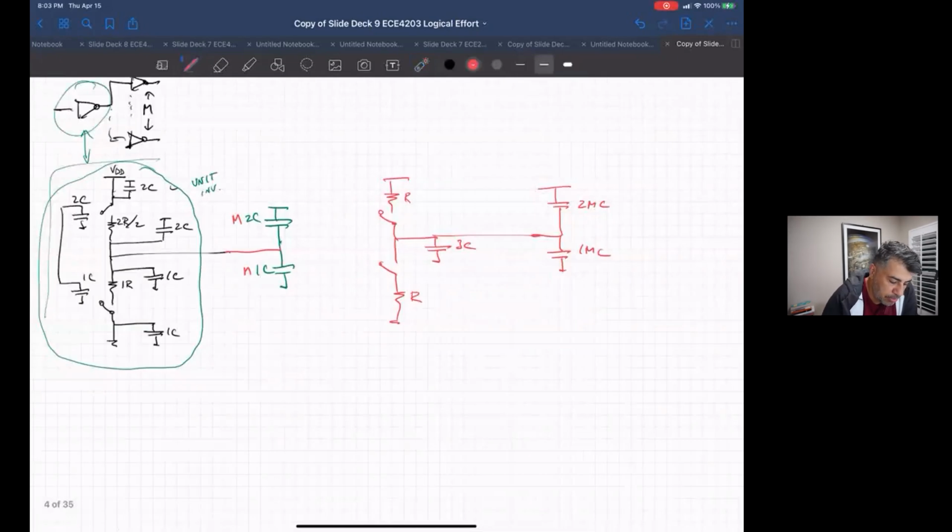So the inverter itself would have 3RC delay, and for all of these guys, you would have 3MRC. So it ends up being 3RC times (1 plus M).